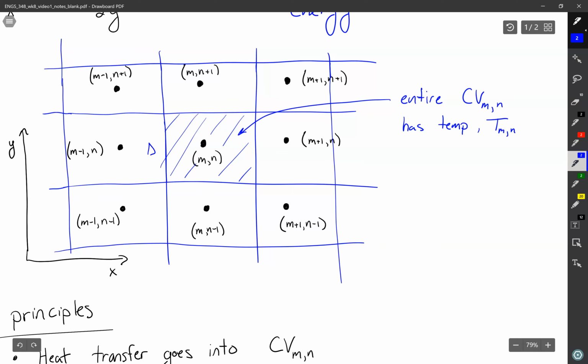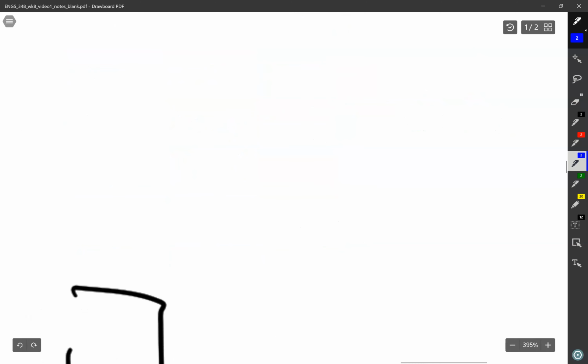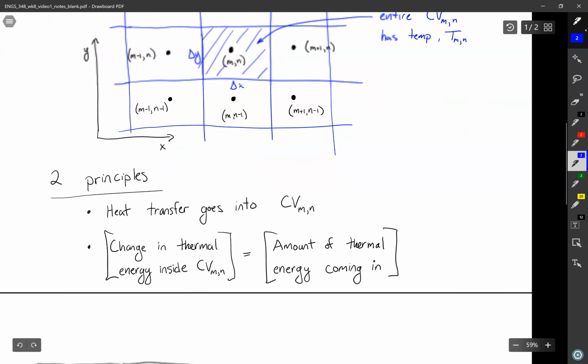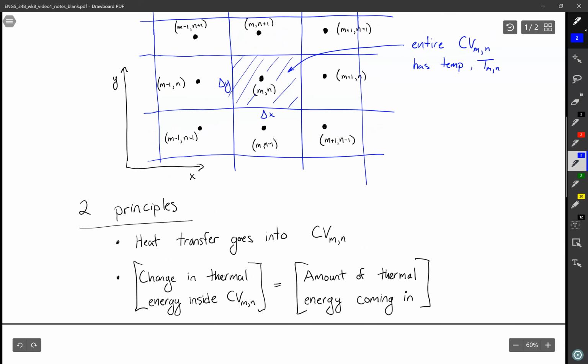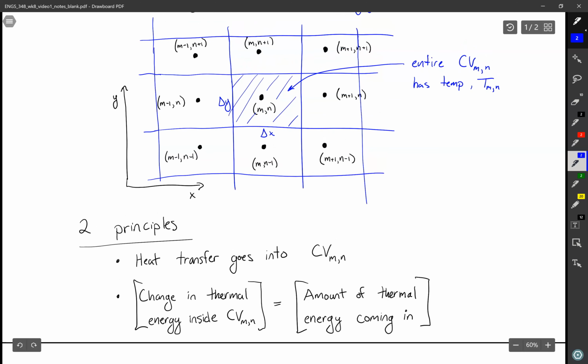It has dimensions delta Y and delta X, and it has a temperature TMN. When we're looking at this, we're going to be looking with two different principles. We're going to be looking at heat moving from the surrounding control volumes into the center.